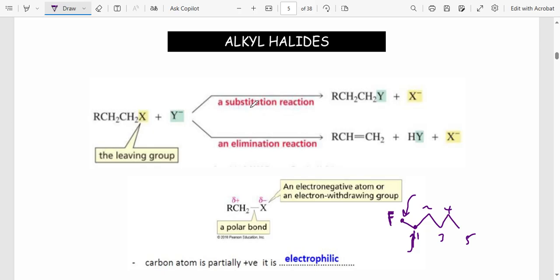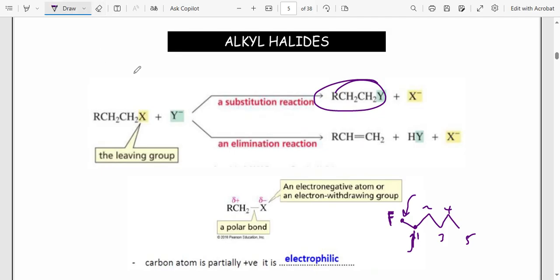In a substitution reaction, we simply get one element replaced with our nucleophile. But in an elimination reaction, from the alkyl halide, the carbon that is attached to the X, or the leaving group, we are going to remove one hydrogen from it.